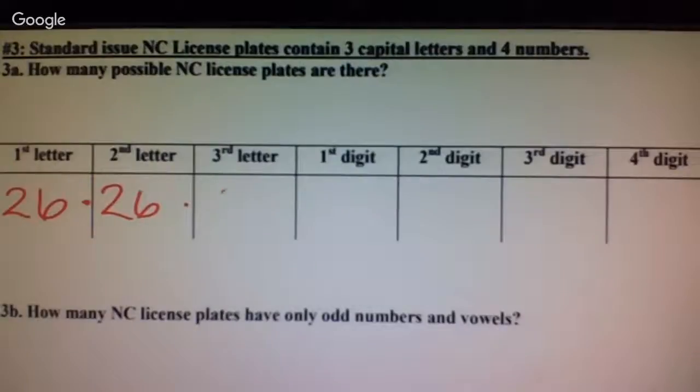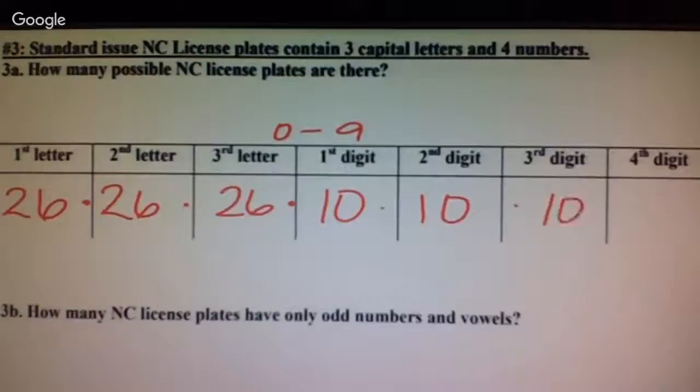My third letter? 26. Your digits. How many digits do I have? 10. Remember, your digits are anything from 0 to 9. So I've got 10 options for each one of these.